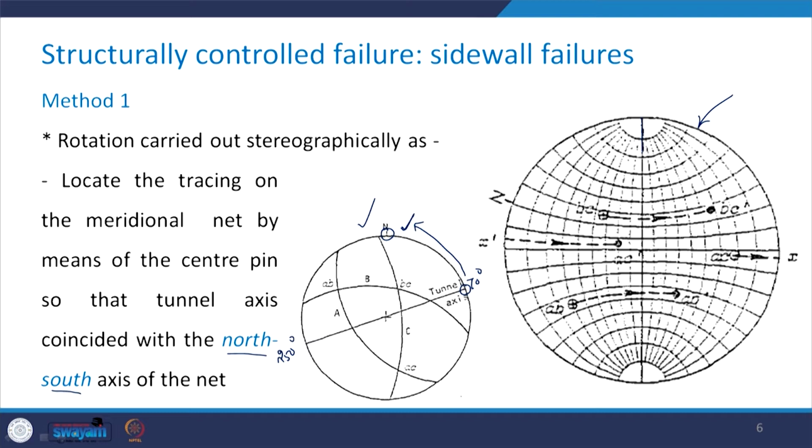This is your tunnel axis now, and you can see 10, 20, 30, 40, 50, 60 and this is 70 degree, and this north is here. Okay. Let us see how these intersection points, which are BC, AC and AB, are rotated.